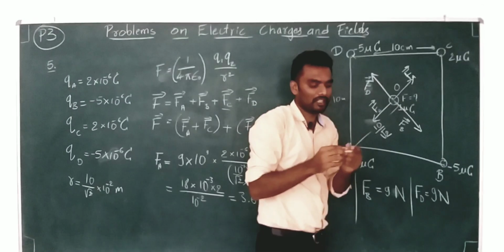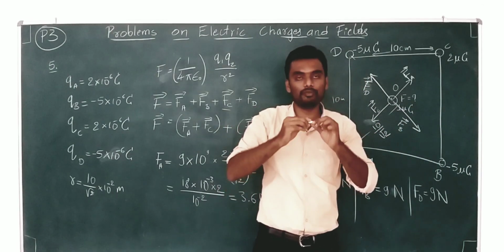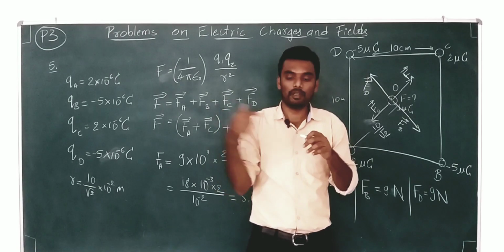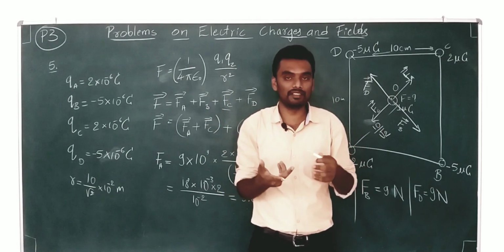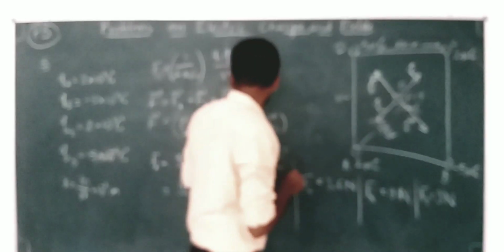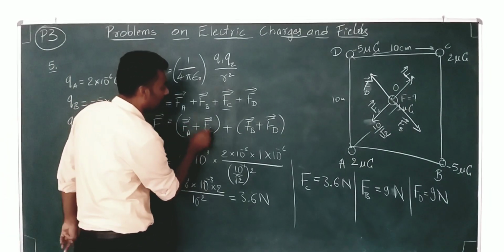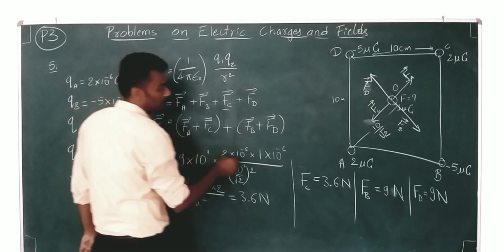Once a body experiences equal and opposite force, there is no net force. So plus F minus F cancel each other, it's 0, right? And that is what happens even here.